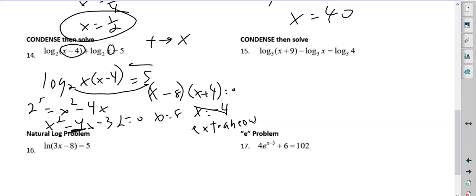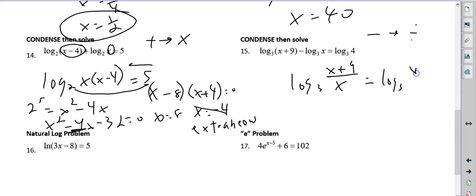Okay? 15, we're going to condense again. Minus turns into division. I'm only going to write log 3 once, log base 3, have my fraction bar, x plus 9 on the top, and x on the bottom, equals log 3 of 4.